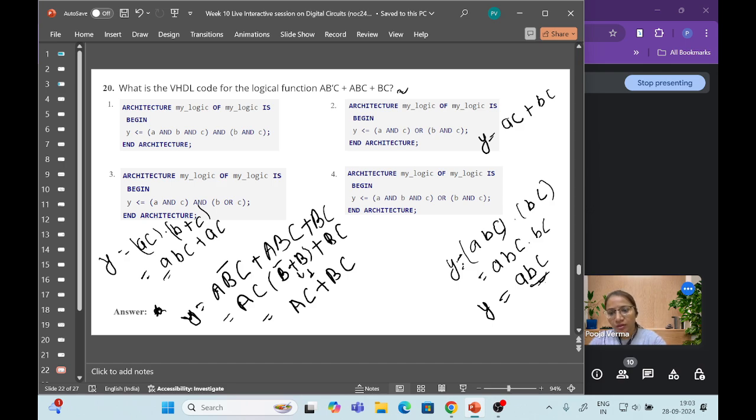So option C is not the correct one. Now we can check option D, the fourth one. It is A and B and C plus BC. So option 4 is also not correct. So option 2 is the correct answer for this question.